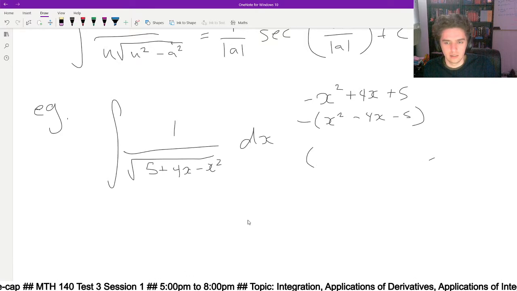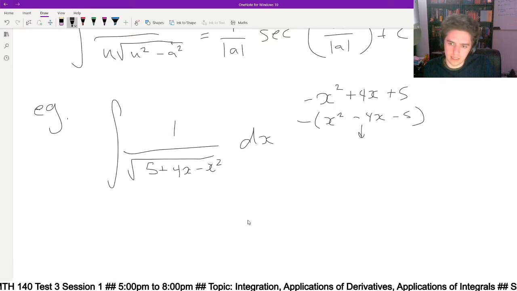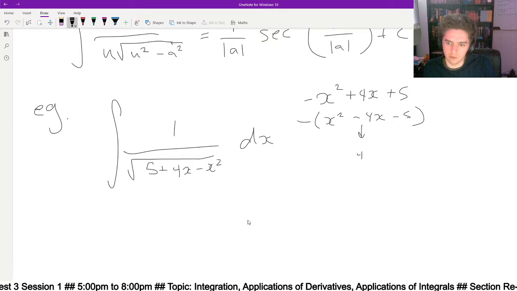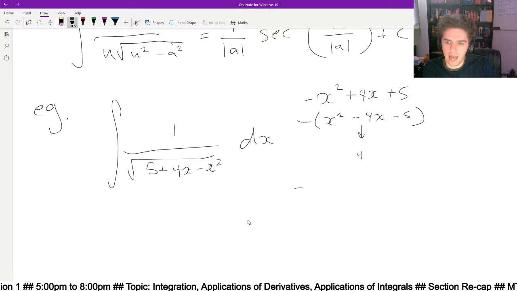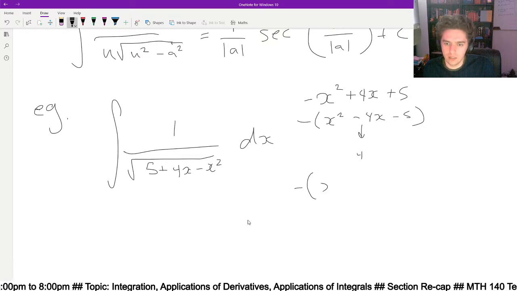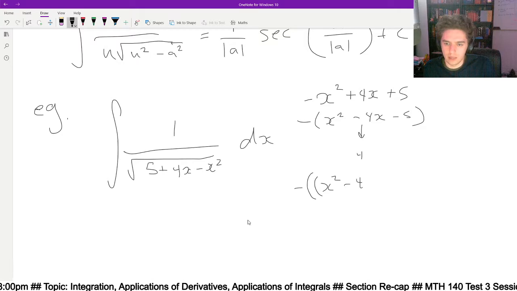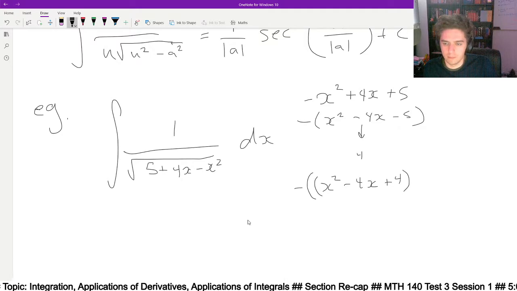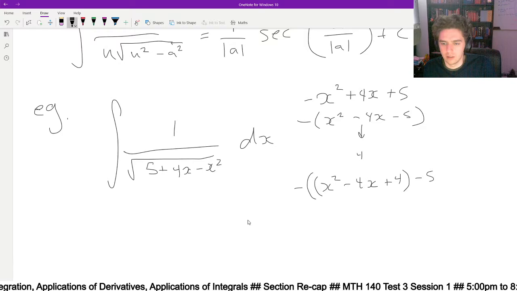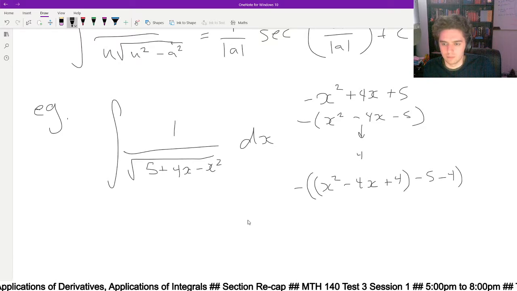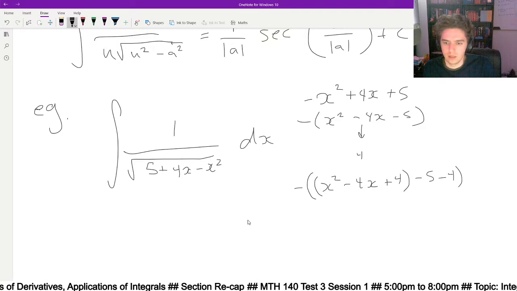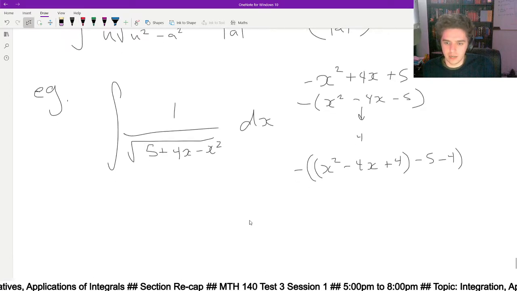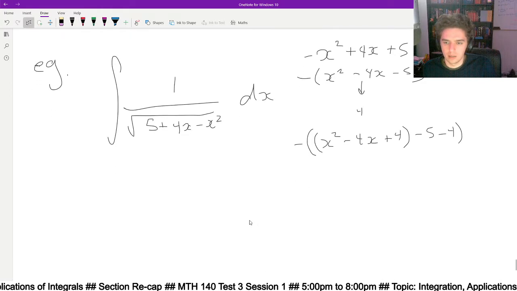Okay? Now, same process. Take this out, divide it by 2, and square it. I still get a 4. So I'm still going to add a 4 into here. So it's negative x squared minus 4x plus 4 minus 5 minus 4. And now I can just factor this right here, and that'll end up being 2 and 2.